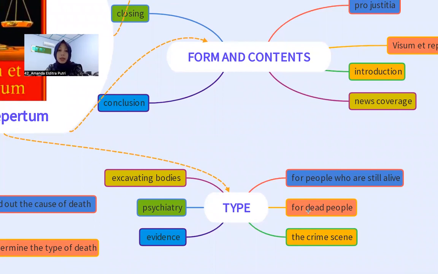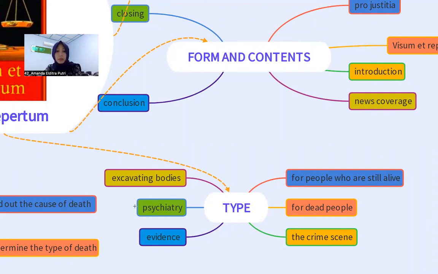In this case, the investigator submits a request to the doctor for an autopsy. 3. Visum et Repertum for crime scenes, performed after the doctor conducts an examination at the crime scene. 4. Excavating bodies, or Visum et Repertum examining the body, made after the doctor has finished examining the body. 5.